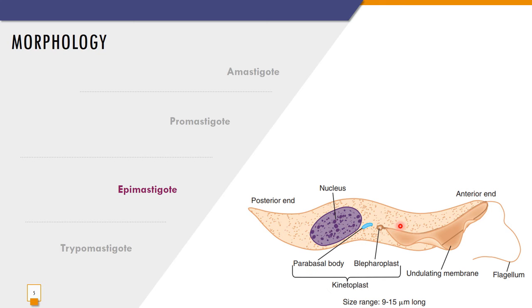So the main difference between the epimastigote and the promastigote is that the epimastigote has the undulating membrane, okay? They both have a flagellum and the same shape, and they are elongated, but the epimastigote has this undulating membrane.